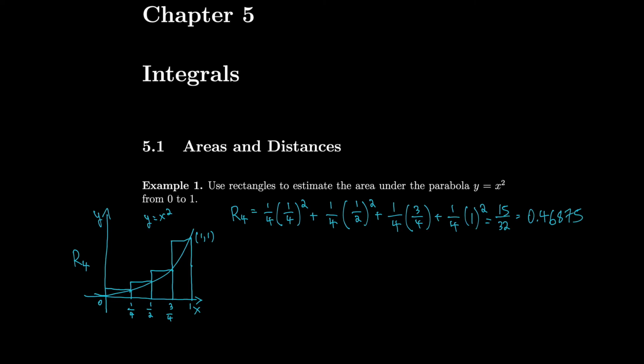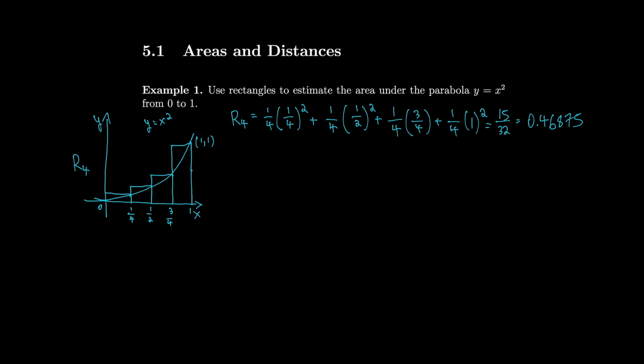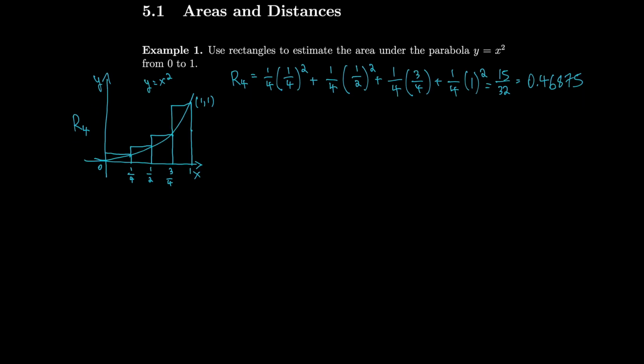Again, this is still an overestimate because of all of these extra pieces of rectangle we have that are sticking outside of the curve. So what if we, instead of doing rectangles on the right side, we did rectangles on the left side? Meaning, I draw this again.